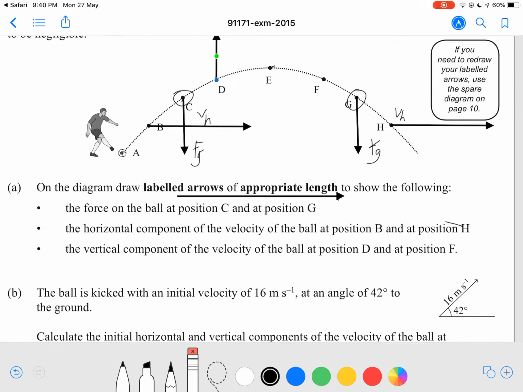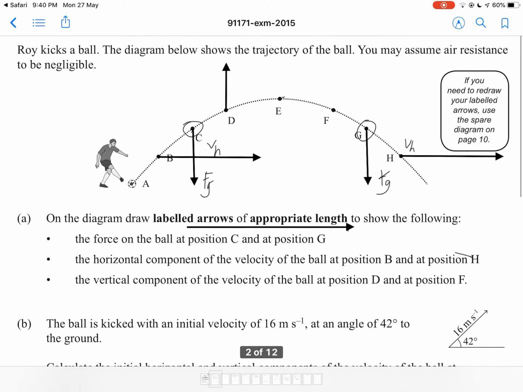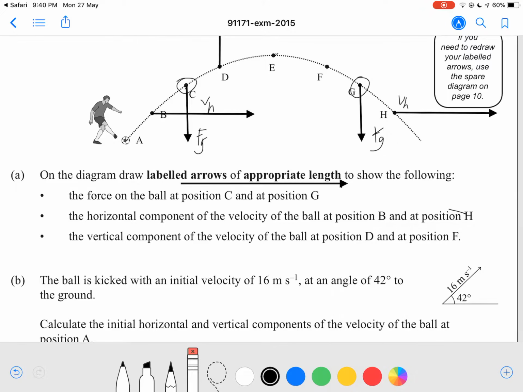And at point F, we're going to assume that it's symmetrical, okay? At point D, there's a vertical velocity acting upwards, and at point F, there's the same vertical velocity but acting downwards, because after point E, the ball starts traveling downwards.